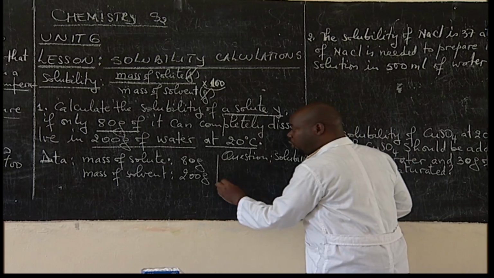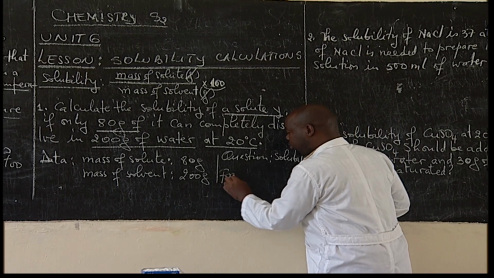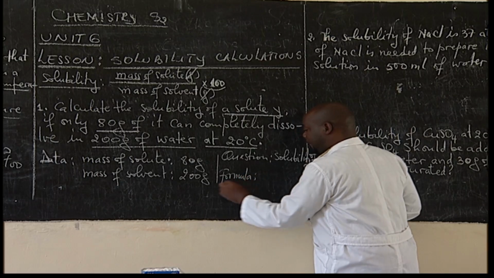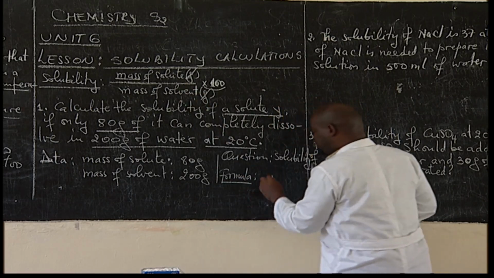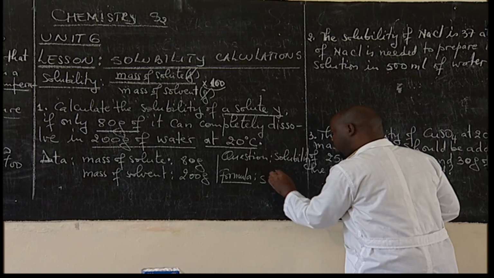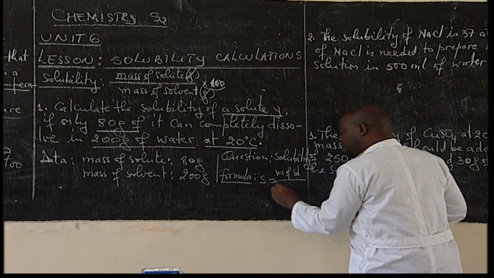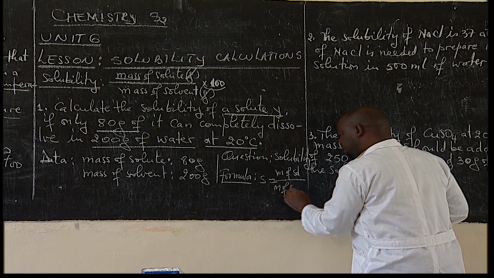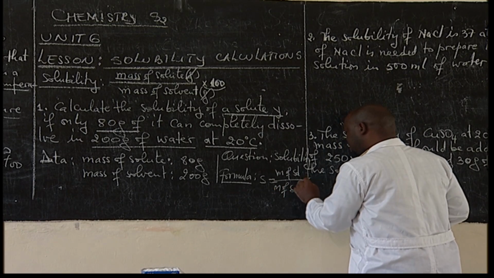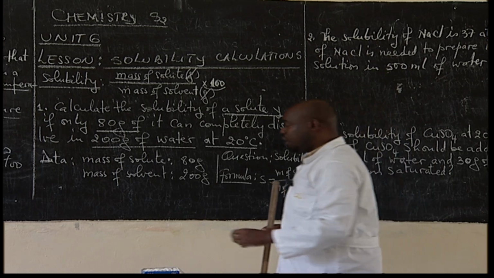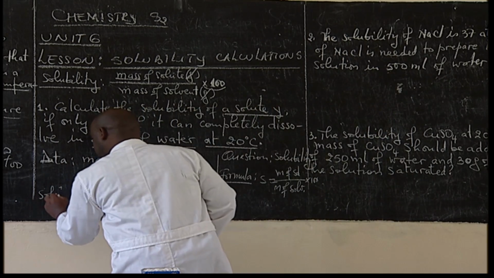And what formula are we going to use? We use this formula: solubility is equal to mass of solute over mass of solvent times 100. And then we get solubility.